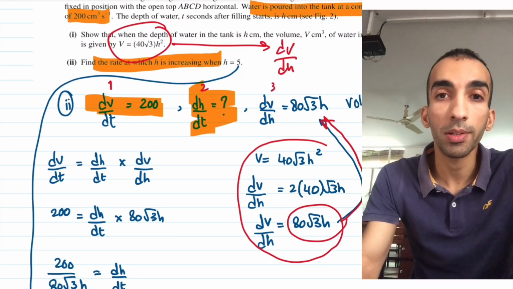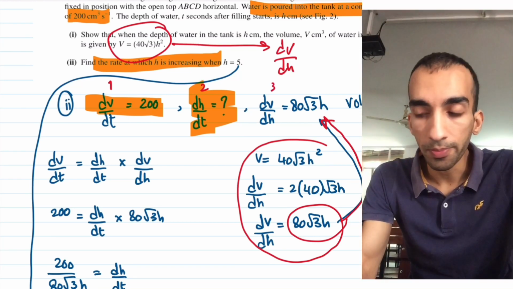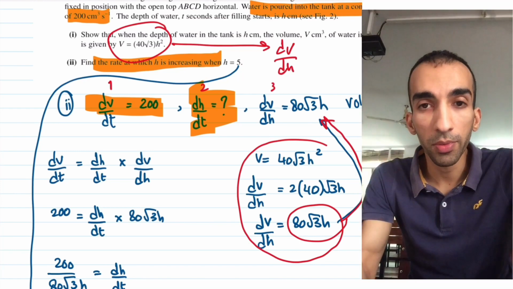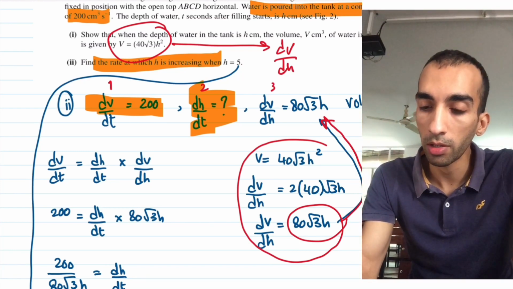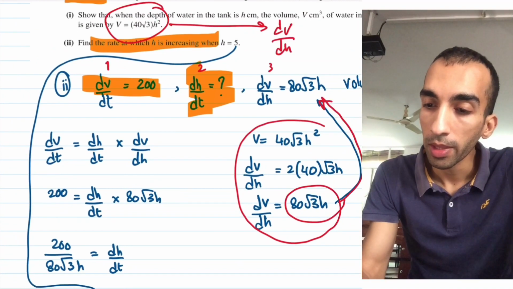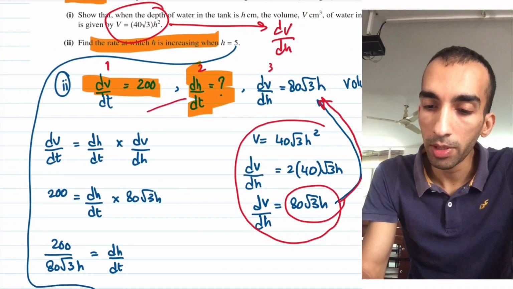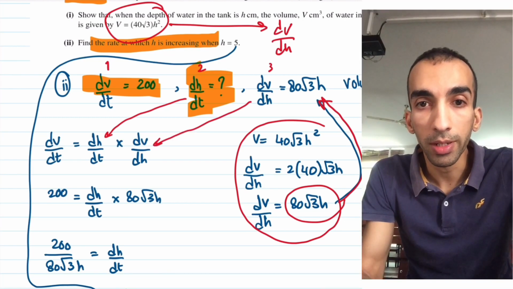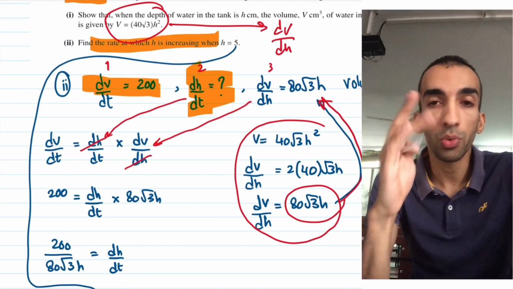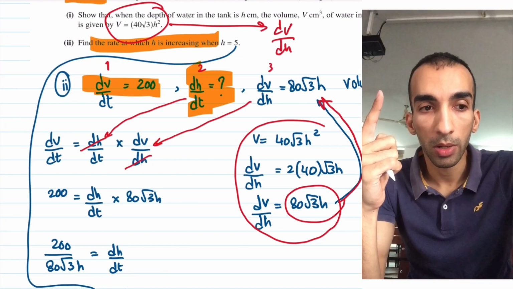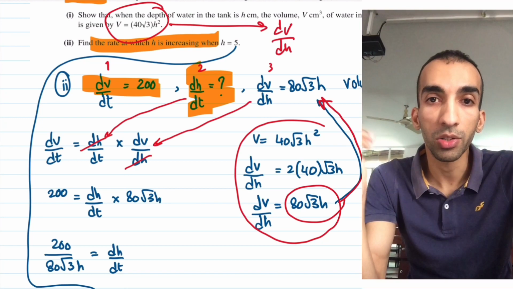Now how do I write these 3 equations? I would write it in a format in which one of the numerators gets cut out with the denominator of the other fraction. So if you notice, I have written dh by dt over here and dV by dh over here. Why? Although I'm not exactly going to do this, the idea is that one numerator of the fraction and another fraction's denominator should get cut out.